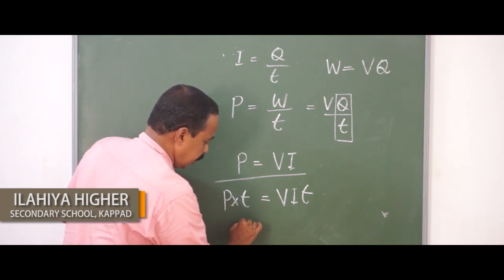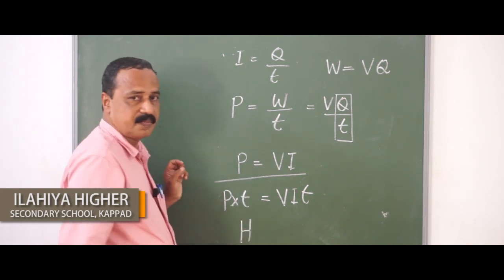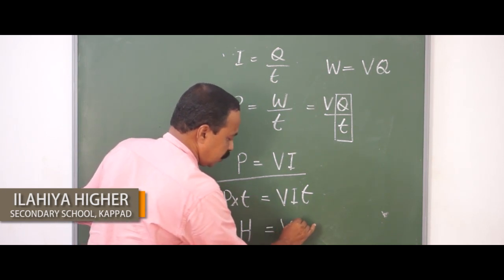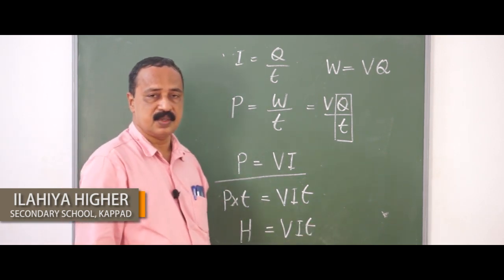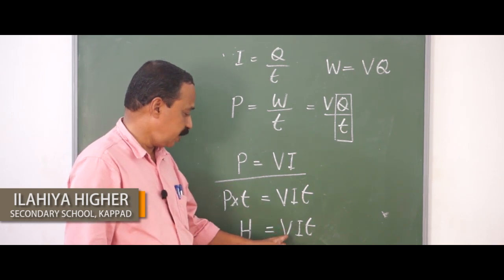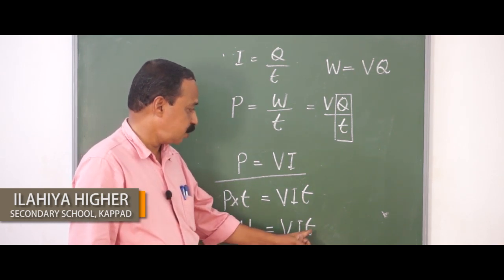So P into T is written as H. H is equal to V into I into T.